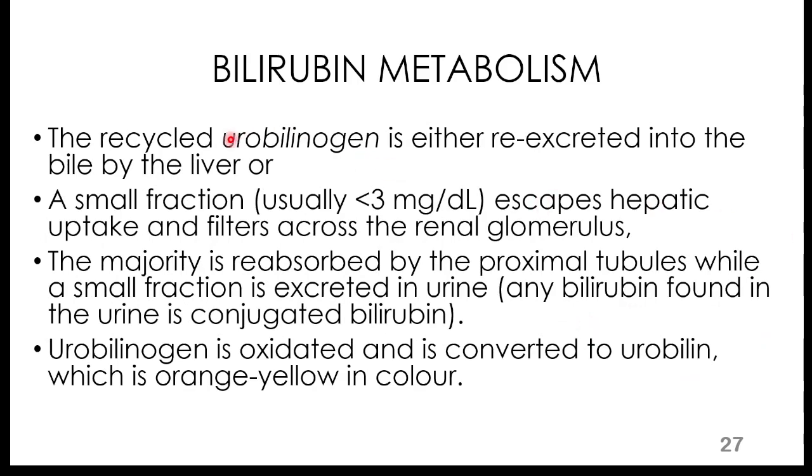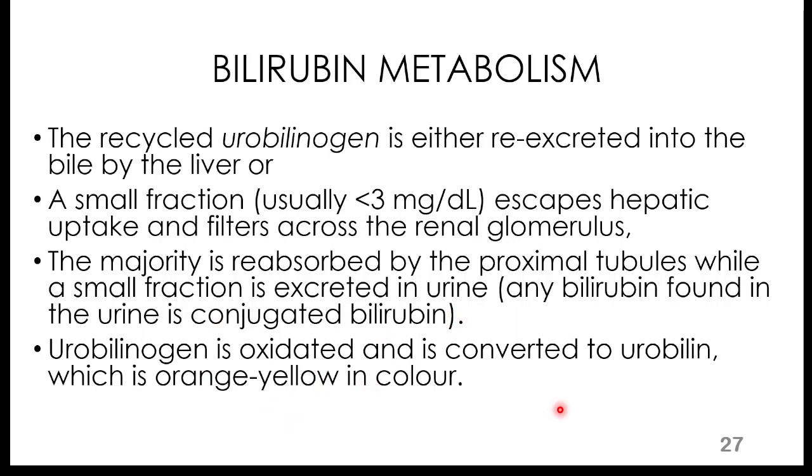All right. So a small fraction will escape the liver, the hepatocytes, and eventually gets to the kidneys, as we saw in that schematic, and it's filtered across the renal glomerulus. But most of it will be reabsorbed by the proximal tubules, while this small fraction is excreted in urine.